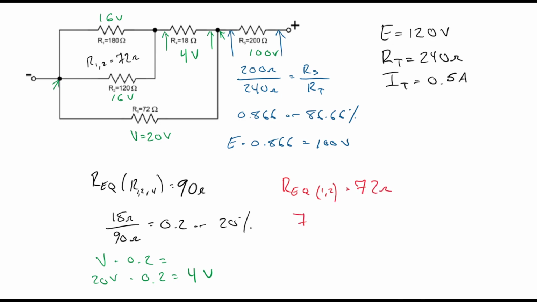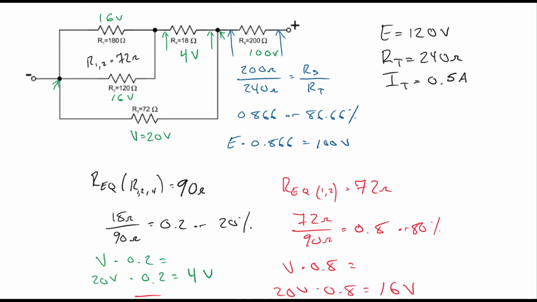So I can say 72 ohms divided by 90 is going to give me the percentage of that 20 volts that those two components take, which is 80%, which is the remainder from that 0.2. We said this was 0.2, so the remainder has to be 80% or 0.8. So I take my voltage, multiply it by that 80%, which is 20 volts multiplied by 0.8, and I get 16 volts.